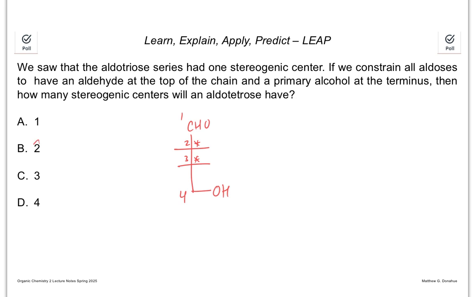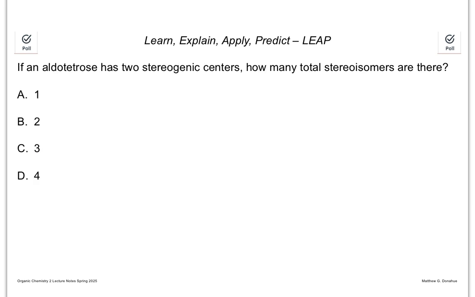So we have two stereogenic centers. So we say 2 to the n. We found that n was 2. So 2 to the 2 is 4 total stereoisomers. And so we'll go through and look at all their relationships.